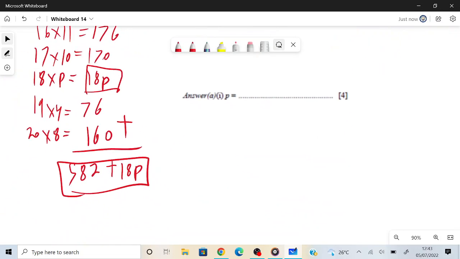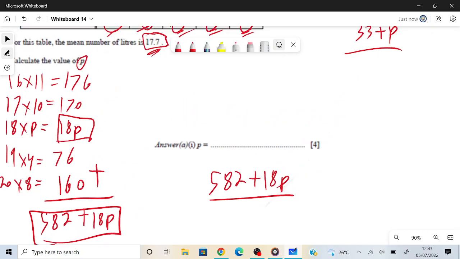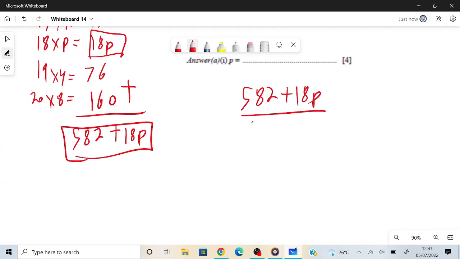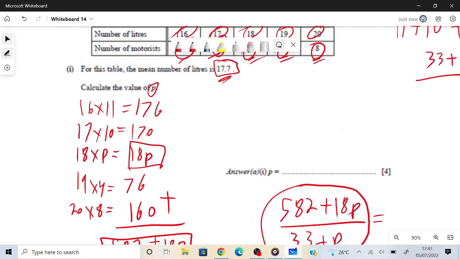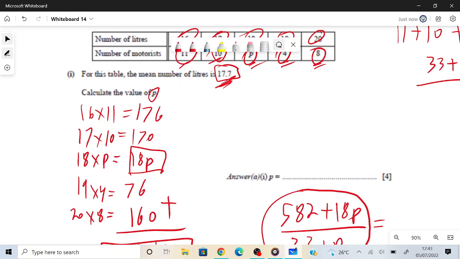So let's do that at the bottom here. We have 582 plus 18P all over 33 plus P. We equate this to the mean they gave us, which is 17.7.